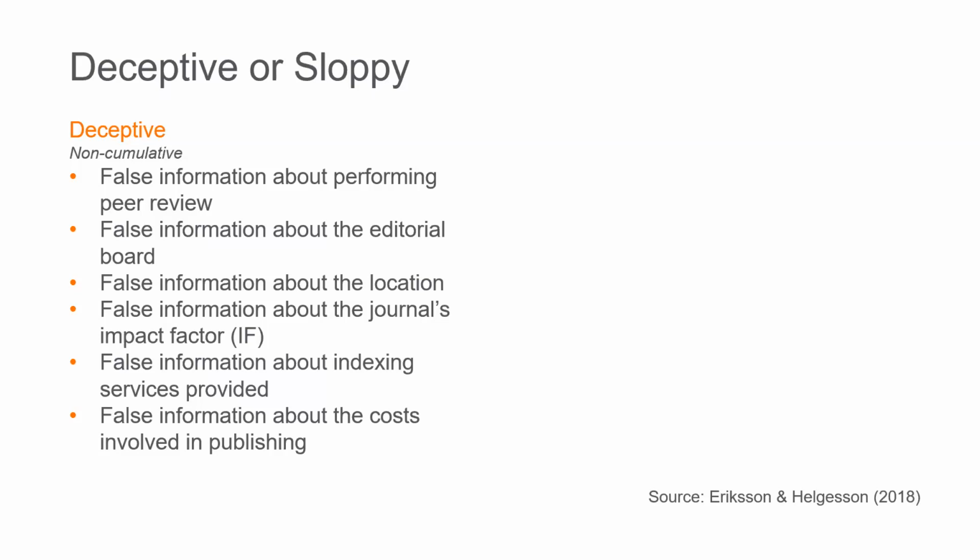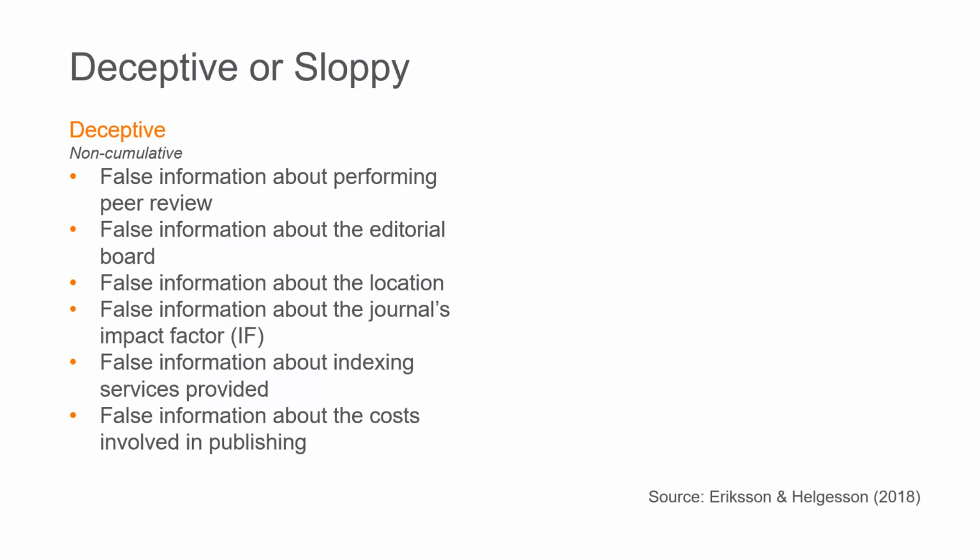This is not specifically from Scopus, but more or less aligned to how we look at journals. A journal is regarded as predatory, deceptive, and many things you can call it, if any of these characteristics appear.